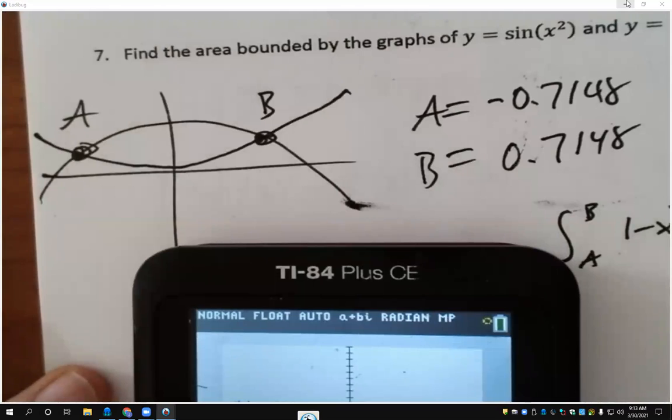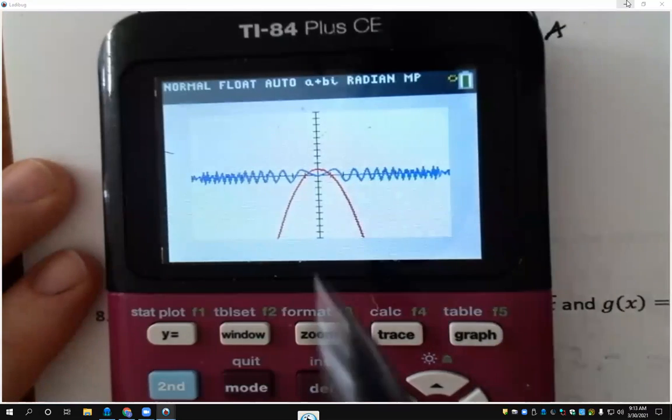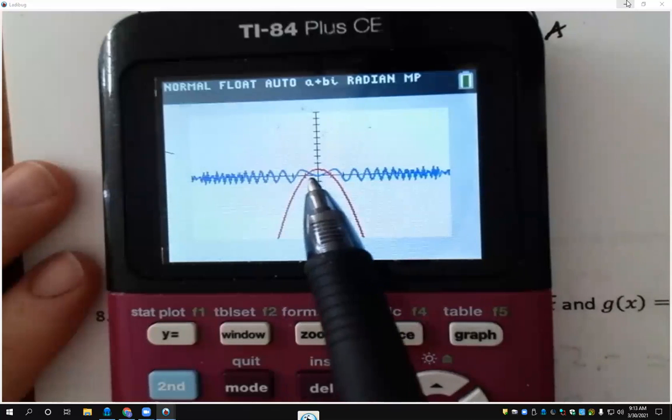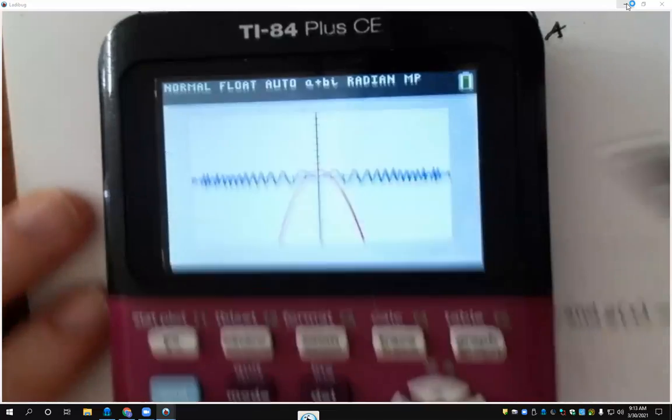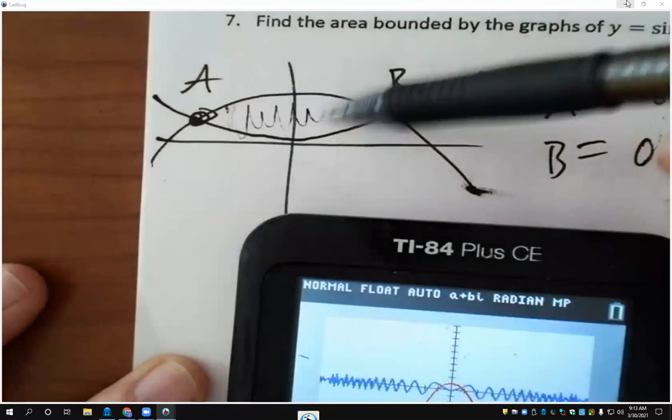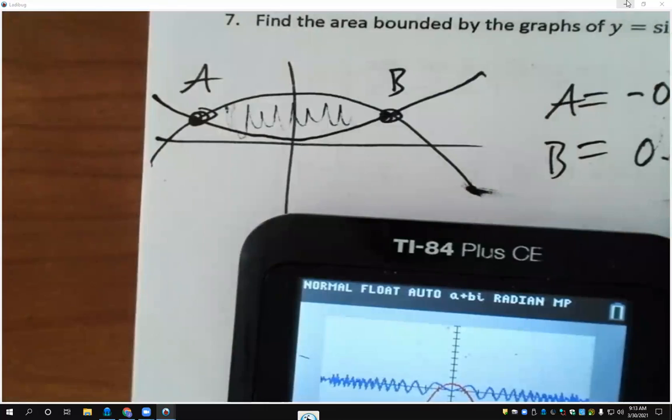So all this stuff is nice, fine and dandy, all weird, wacko stuff, but I'm focused on where the two graphs intersect. And even though we're on this funky picture, they're intersecting here and here. So it's the area in between. And once I've narrowed it down, I know that it's always the area in between the two graphs.